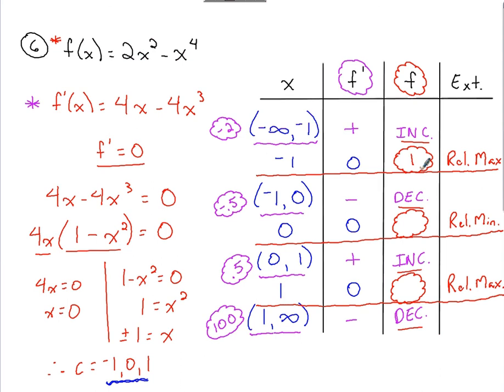You get 1 back, don't you? Likewise, if I take 0 now, plug back into the original function, value of the function is going to be 0 there. And then take 1, plug back into the original function, well, we'll get 1 back again.